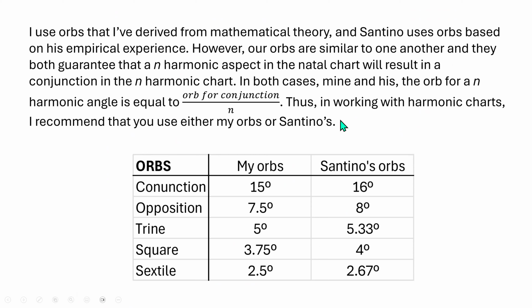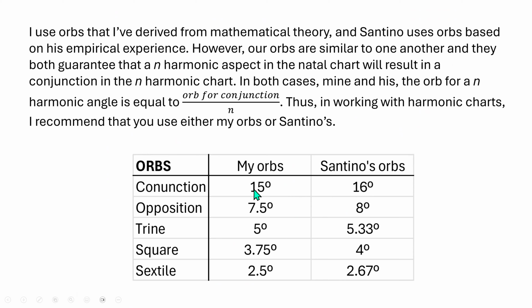Thus, in working with harmonic charts, I recommend that you use either my orbs or Santino's. Here you can see they're very close. For a conjunction, I use 15 degrees, Santino uses 16 degrees. For an opposition, I use half of this, as does Santino.